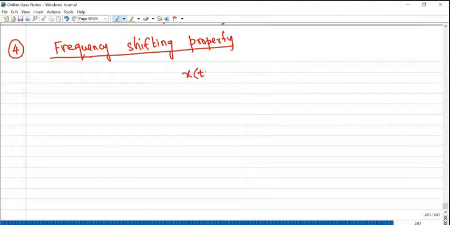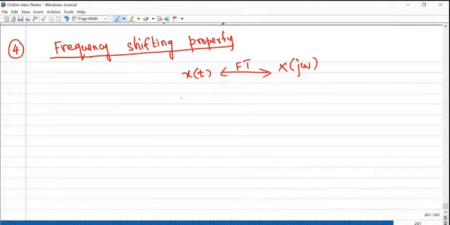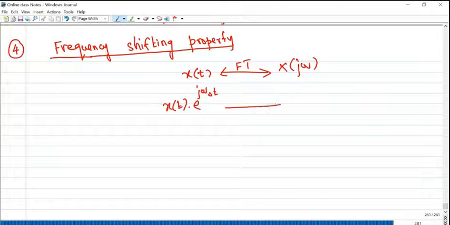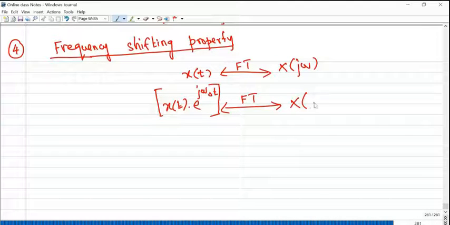What this property says: if x of t has Fourier transform x of j omega, then x of t multiplied with e power j omega naught t has Fourier transform x of j omega replaced by omega minus omega naught.